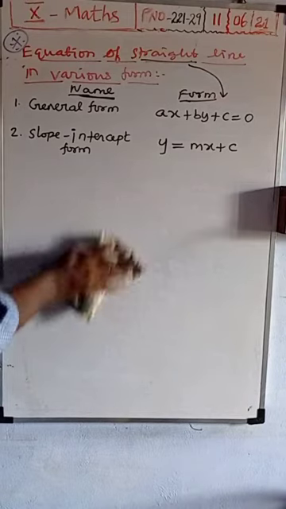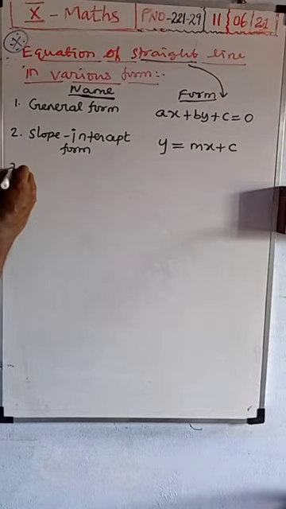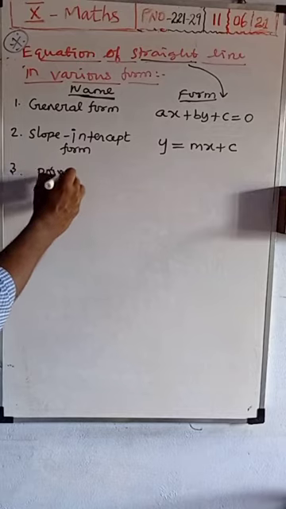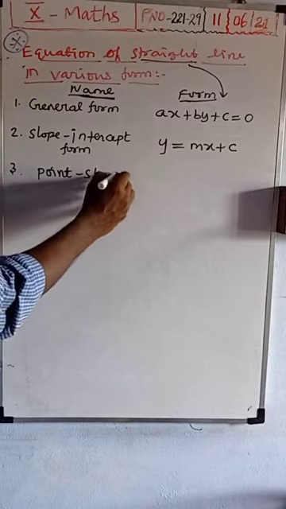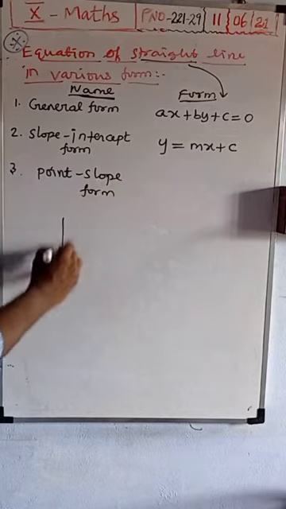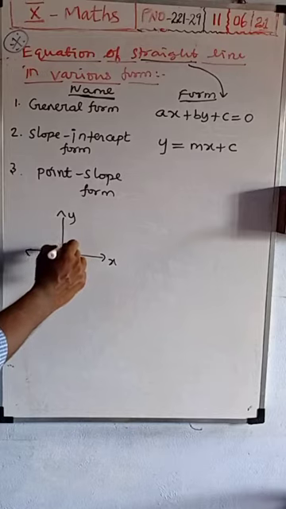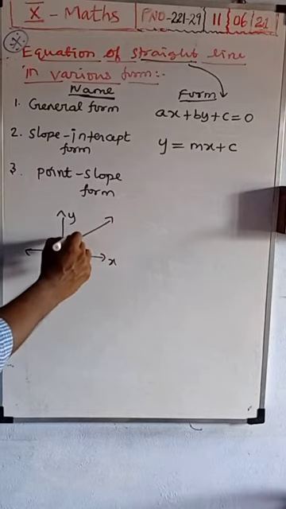Okay, then the next, third one. Point slope form. One point and one slope is given means point slope form. See the example on this x y axis. Here you draw one straight line.